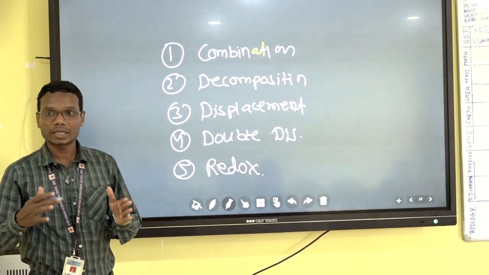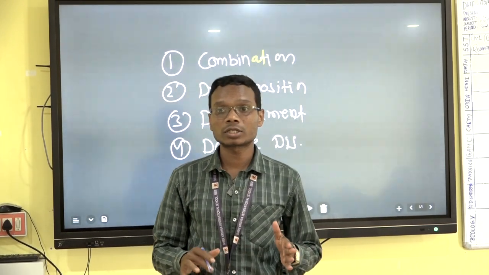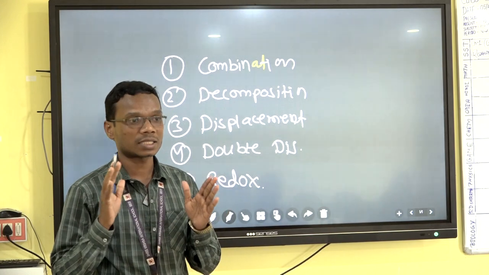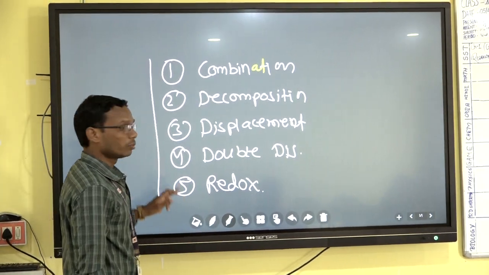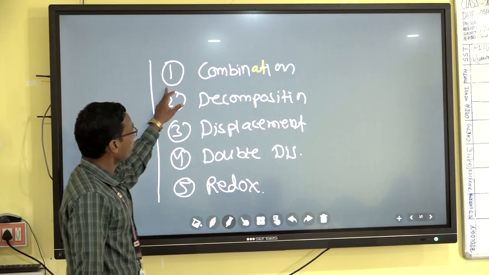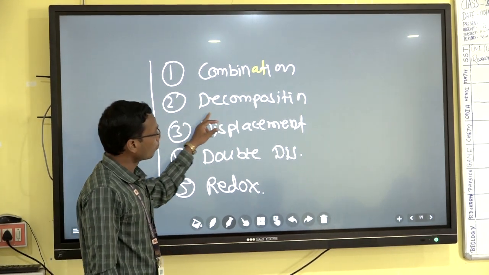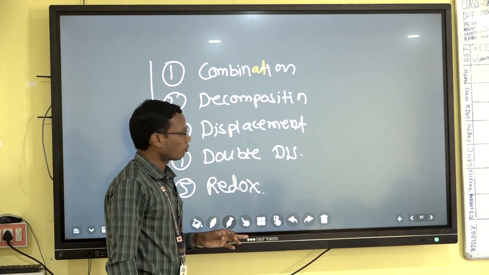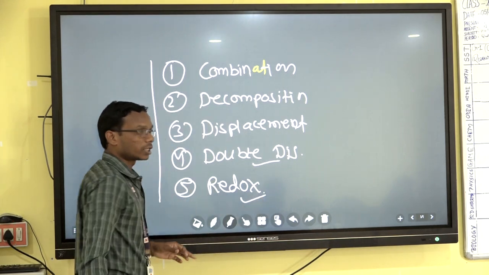According to the breaking of bonds and formation of new bonds, the chemical reactions are actually many types. But in our class 10, we have to study the 5 types of reaction. First one is combination reaction. Second one is decomposition reaction. Third one is displacement reaction. Fourth one is double displacement, and last one is redox reaction.